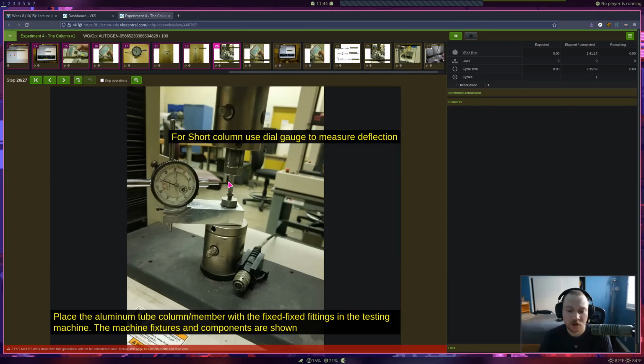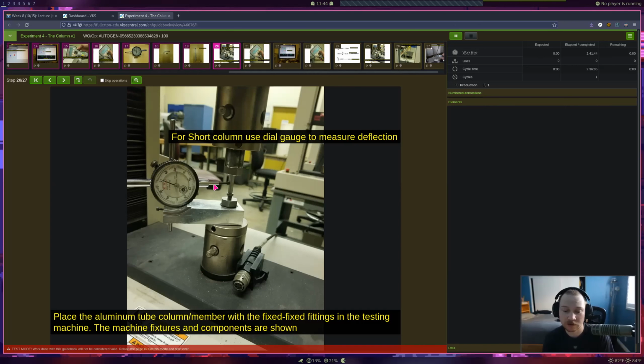It might occur where we have this dial gauge, but it might be coming out of the screen or into the screen, or to the right at some weird angle. It's really hard to find that initial plane of deflection for these short columns, and because of that, the data is really bad. It also takes a really long time too. So we're probably not going to do this.